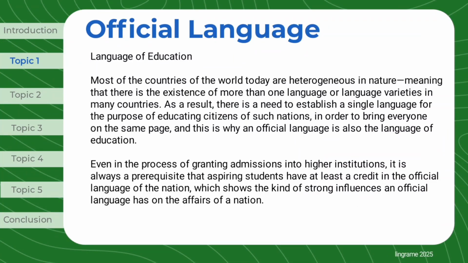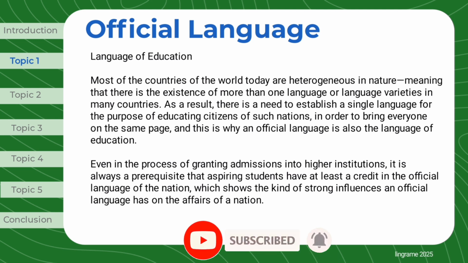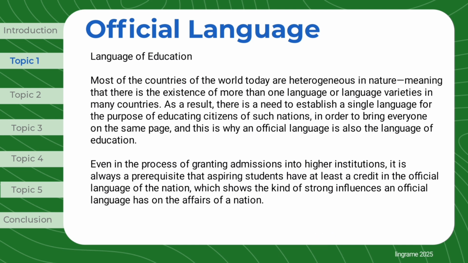Language of education. Most of the countries of the world today are heterogeneous in nature, meaning that there is existence of more than one language or language varieties in many countries. As a result, there is a need to establish a single language for the purpose of educating citizens of such nations, in order to bring everyone on the same page, and this is why an official language is also the language of education.